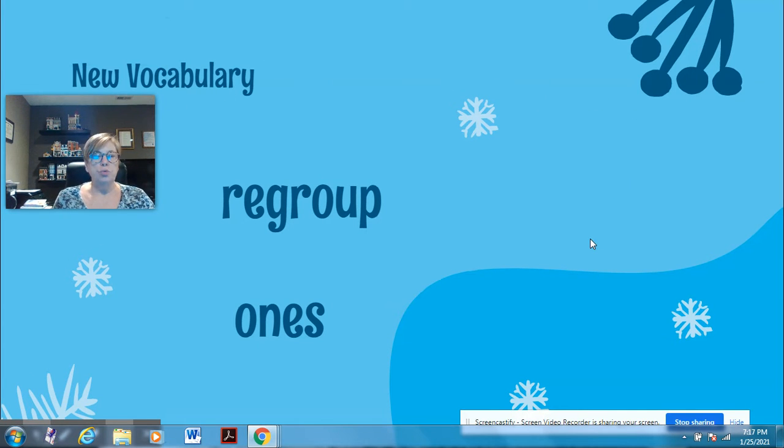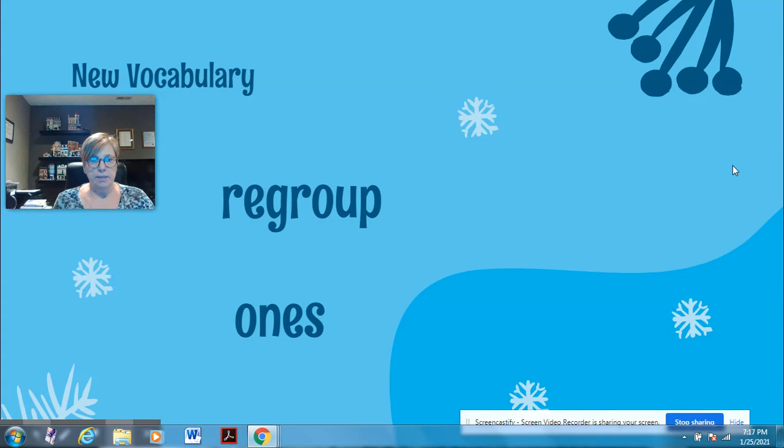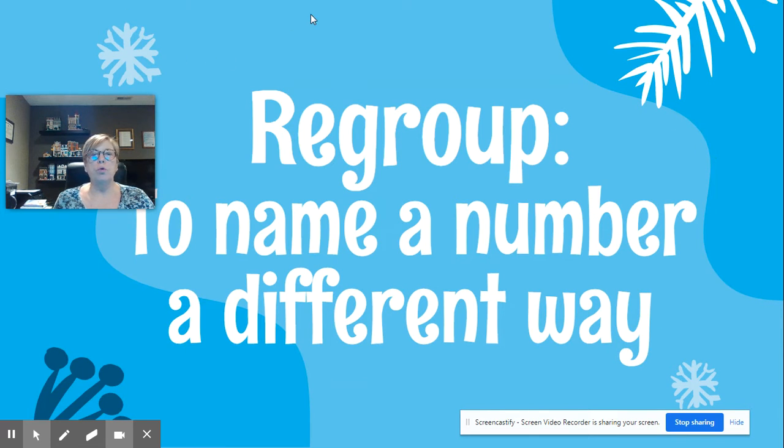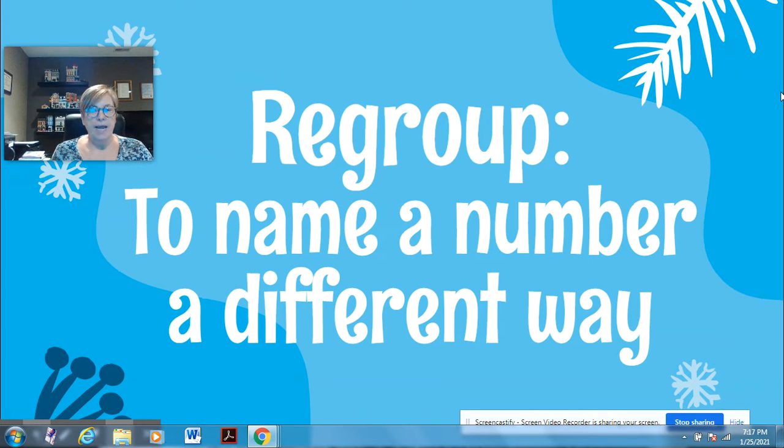The two words that we're going to go over with this slide presentation are regroup and ones. Regroup means to name a number a different way. We talked a little bit yesterday in math about what groups meant. So now we're going to regroup, and learn how to name numbers in different ways.